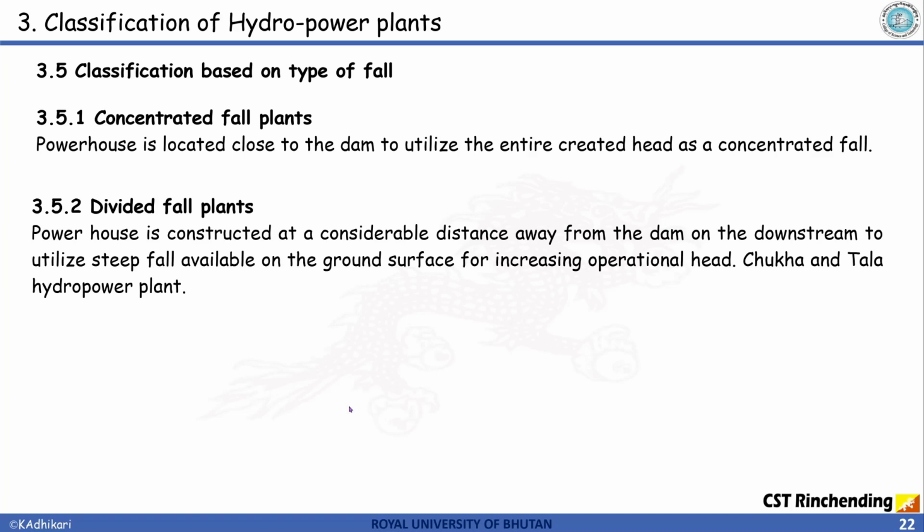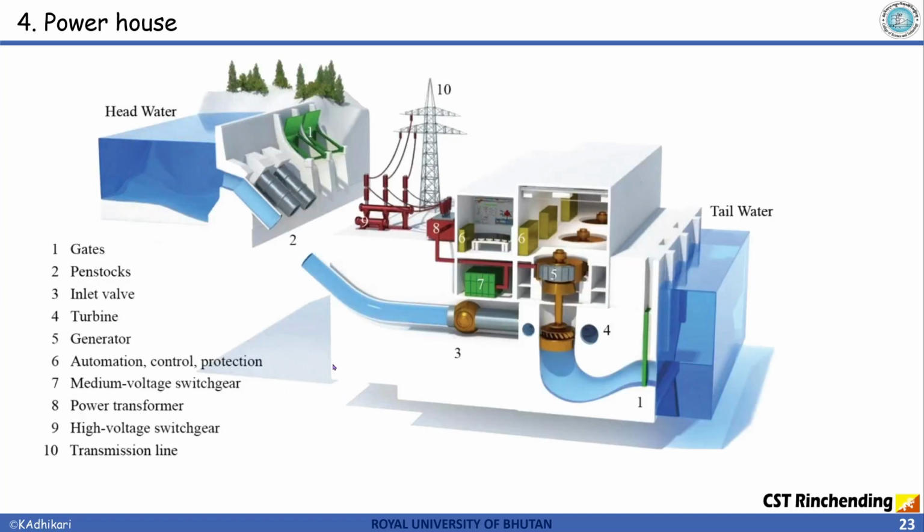So these come under divided fall plants. And concentrated fall plants are those that have the powerhouse attached to the dam or the reservoir, so they utilize the concentrated fall at the same location. So this is the classification.